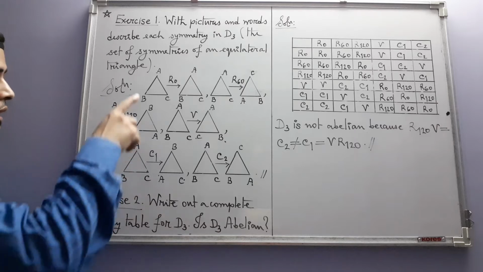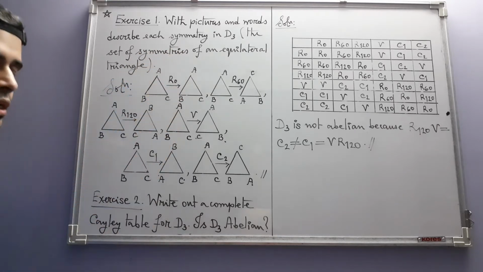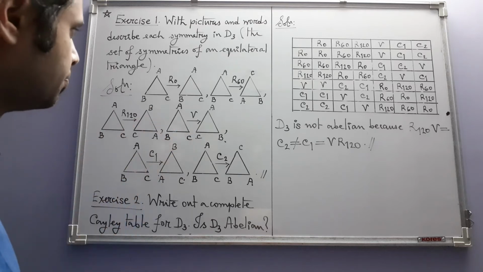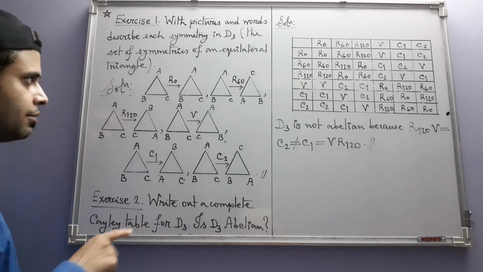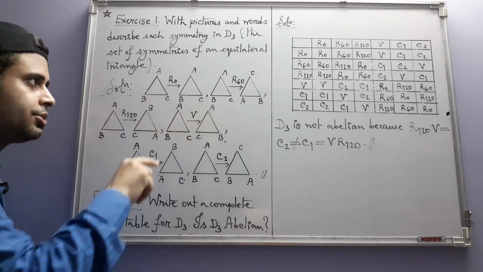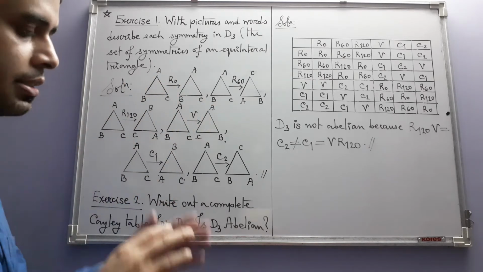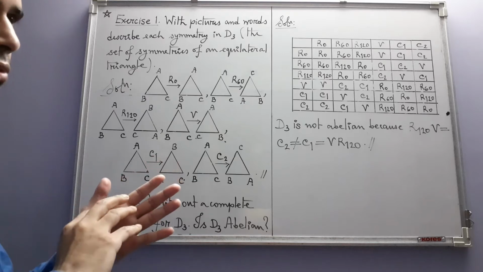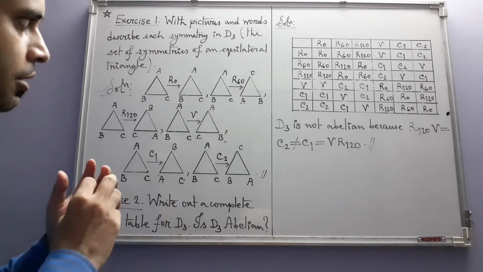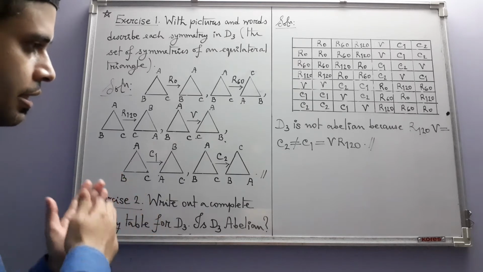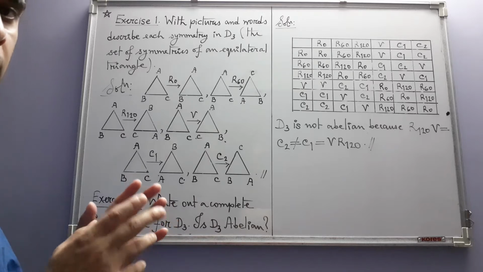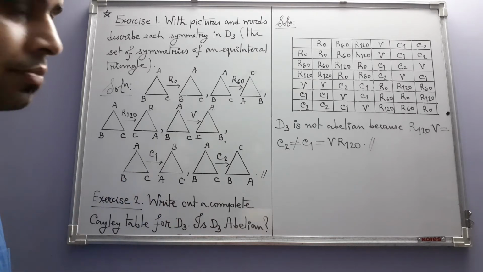Although it has been suggested that we use both pictures and words, the words I will say and the picture is here in front of you. So here what we have done, we have taken an equilateral triangle, and in each case, what is a symmetry? A symmetry is a kind of transformation, something that is done to an object so that the initial and final look of the object remain the same.